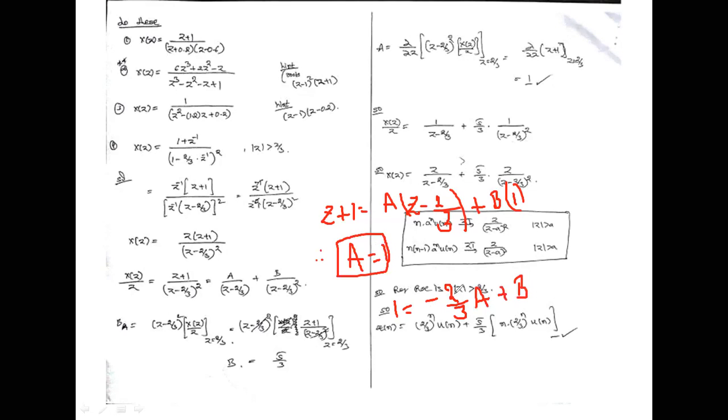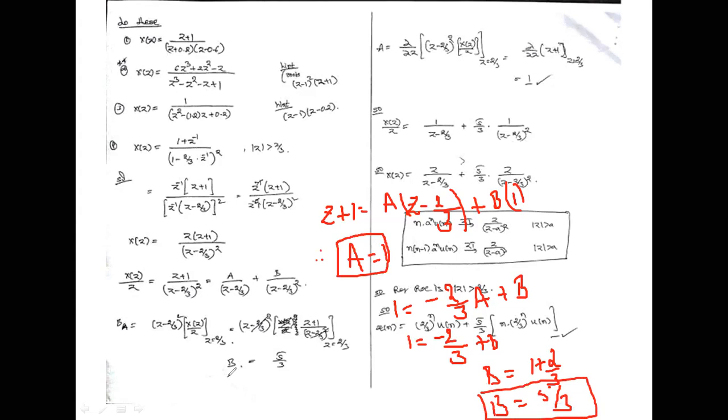These are the constants. What is a? We got 1. So 1 is equal to minus 2 by 3 into 1 plus b. So b is equal to 1 plus 2 by 3, and 3 plus 2 is 5, so b is equal to 5 by 3.